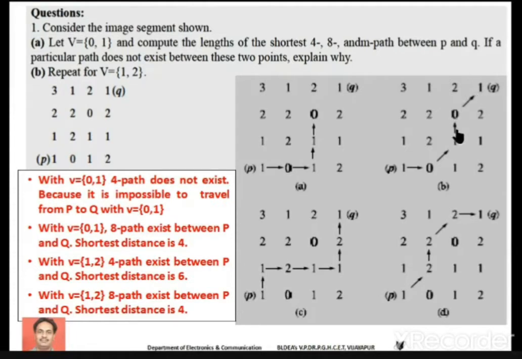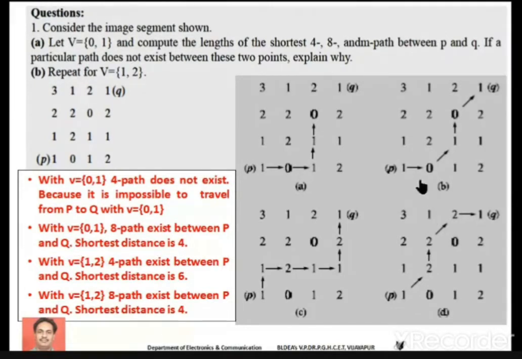Because in 8 path, we can move diagonally also. We have selected this path 1 to 0, 0 to 1, 1 to 0, and 0 to 1. So now I can say that with V equal to 0, comma 1, the 8 path exists between P and Q.